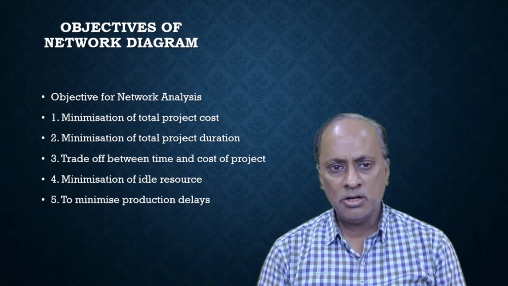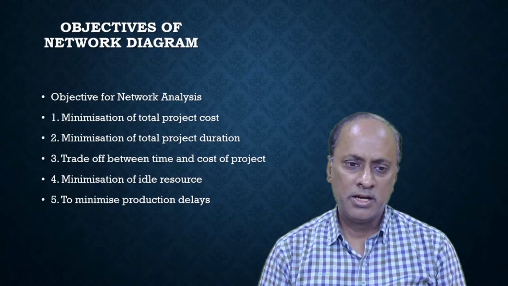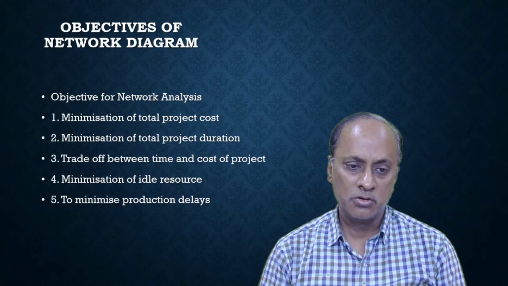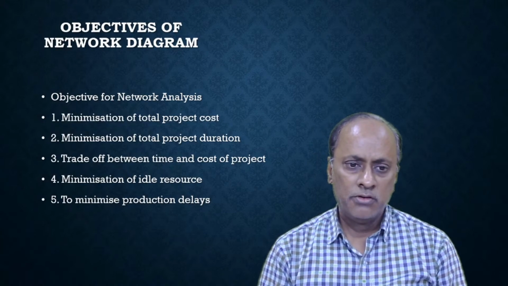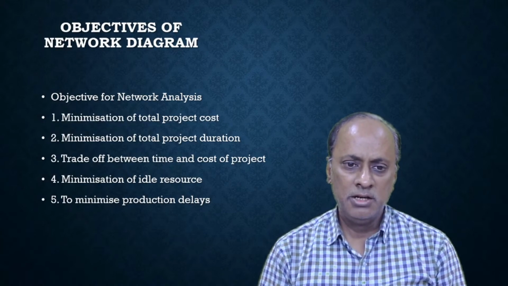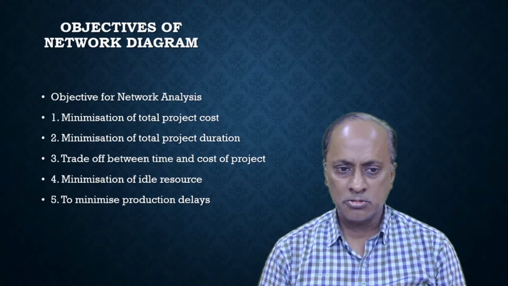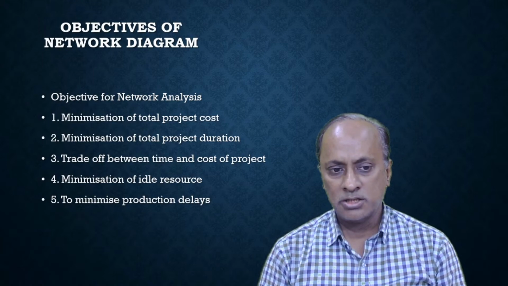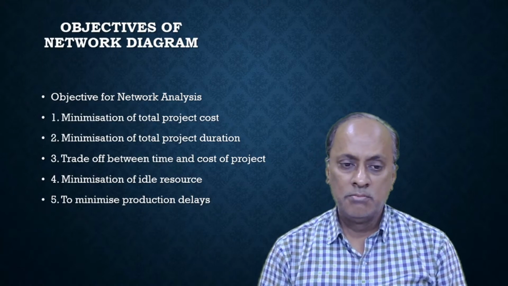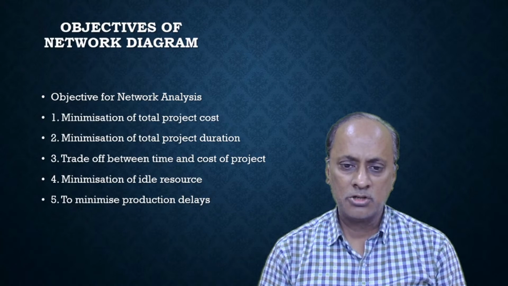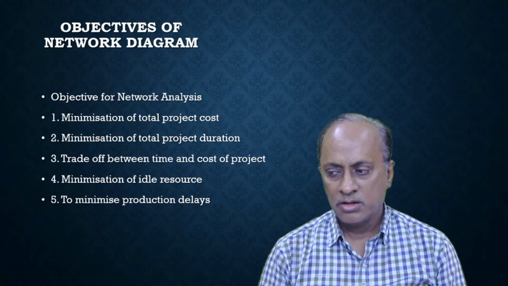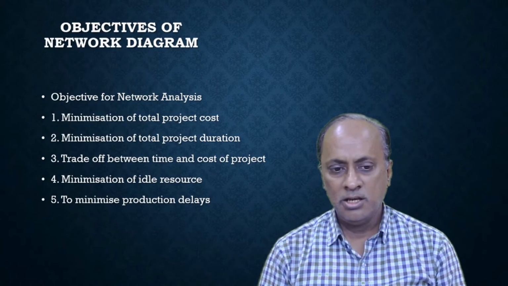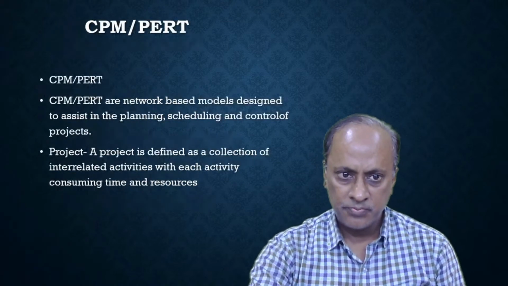So a network diagram is essentially a diagram for project planning and control. The first thing it does is minimization of total project cost, minimization of the total project duration, maintaining the balance between time and cost of a project, minimizing idle resources, and minimizing production delays.